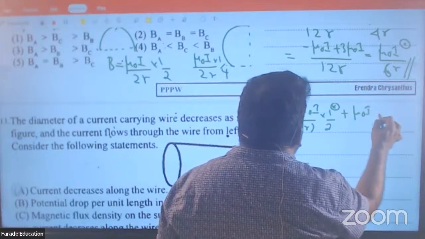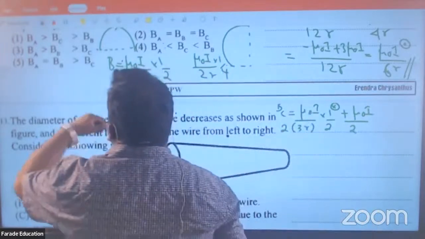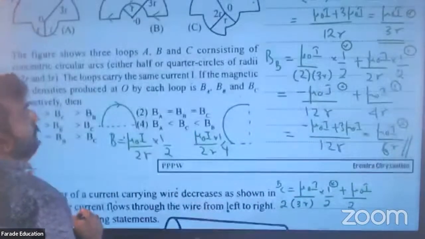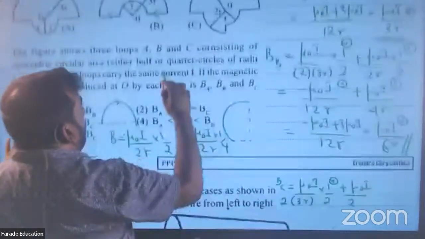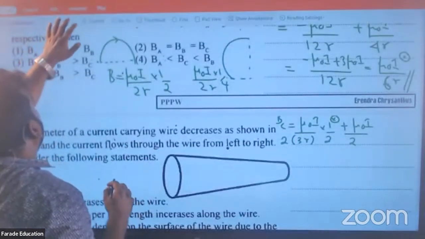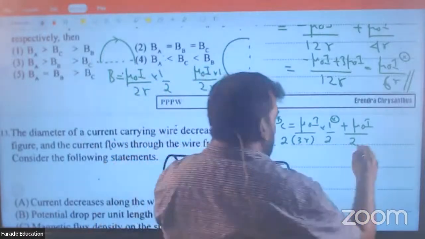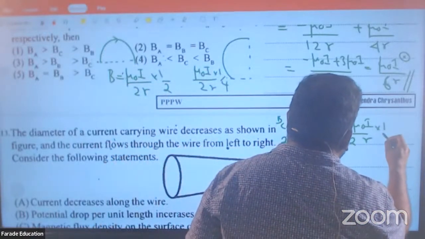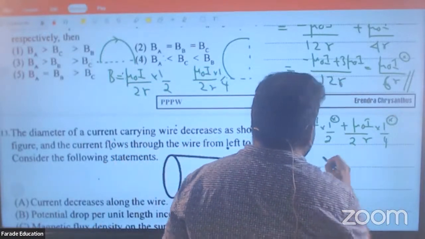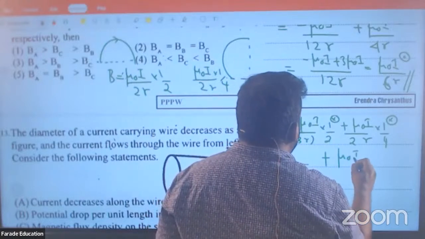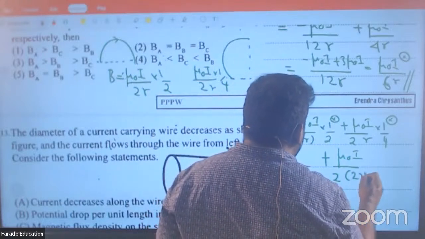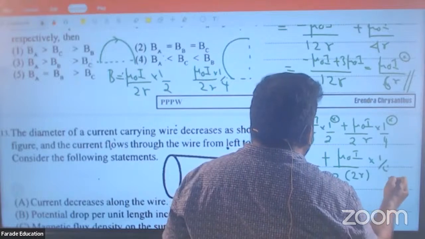Mu naught I divided by 2 times, what's the ratio here, R and 2R, 2 times R, quarter, inward. Mu naught I divided by 2 times radius 2R times quarter, inward.